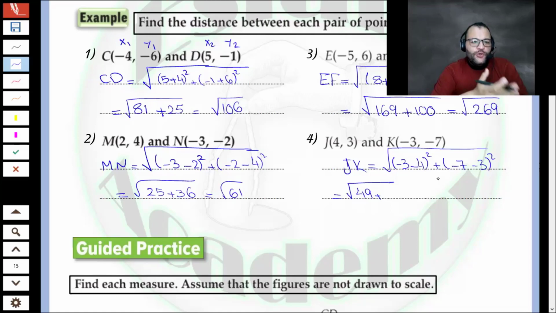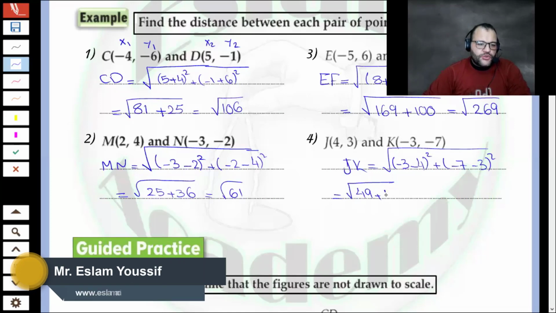Negative 7, you lose 7, then you lose another 3. It is like when we were playing PlayStation last day, you lose from me 7, then the next time you lose 3. It means you lose 10 times. So it will be 10 raised to the power 2 equals 100.